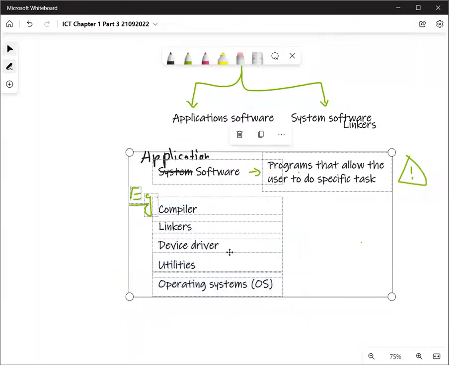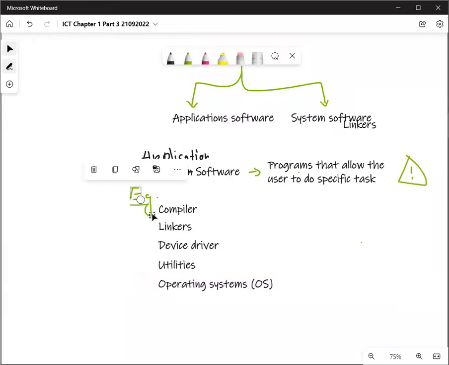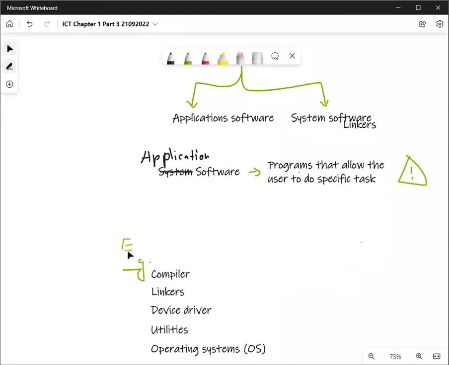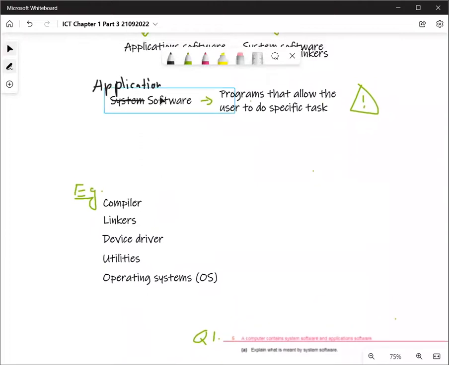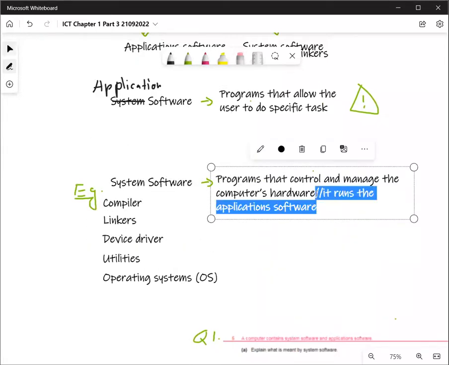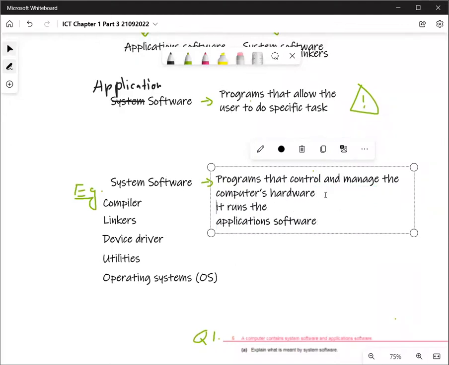Just a second. So application software, right? Yes, application software. So what's for the other one? This is before the other one. Software.